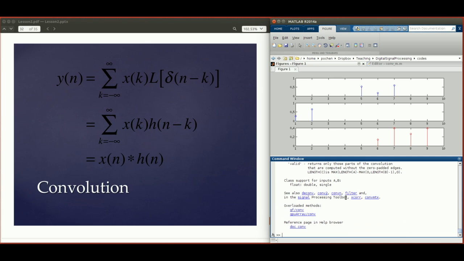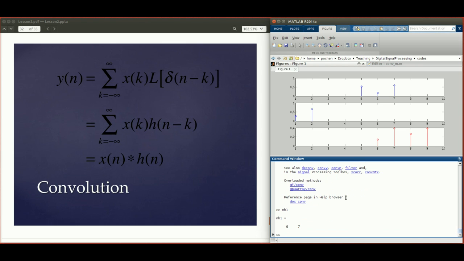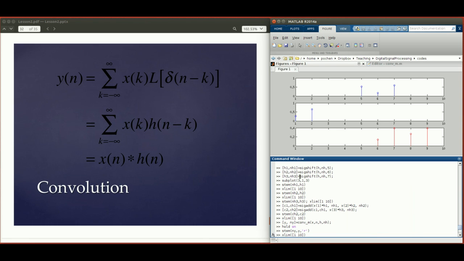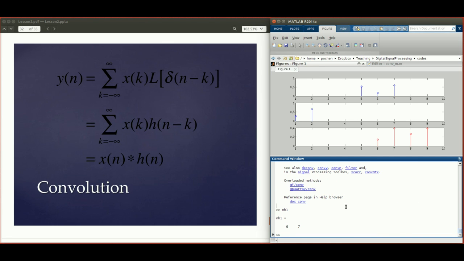If you don't believe me, you can take a look at nh1. nh1 is 6 to 7, because it's h shifted by 5. And if you look at h2, it's h shifted by 6. So if h starts from 1 and ends with 2, shifted by 6, it's going to start at 7 and end at 8. So nh2 goes from 7 to 8.